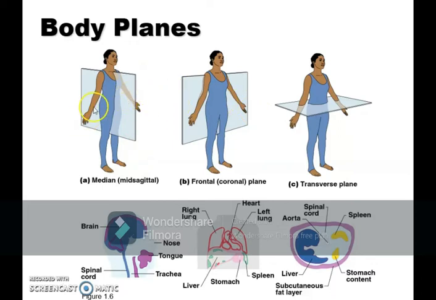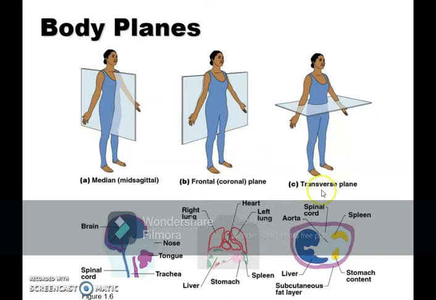So, if it's dividing the body into front and back, this one is frontal or coronal. But if we're dividing the part into right and left, if it's equal, left and right, that's mid-sagittal. But if it's, let's say, more left or more right, that's parasagittal.